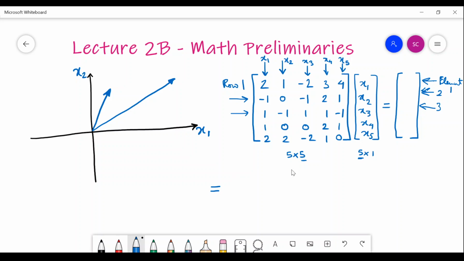So what we can write, this vector, which is basically the cumulative contribution of each of these entries x1, x2, x3, x4, x5.